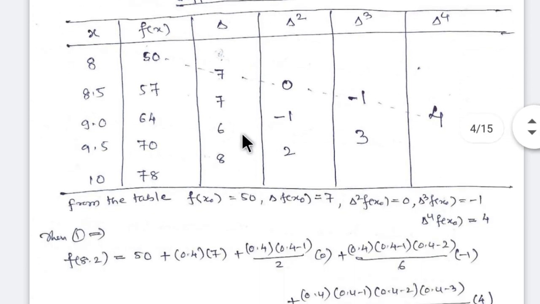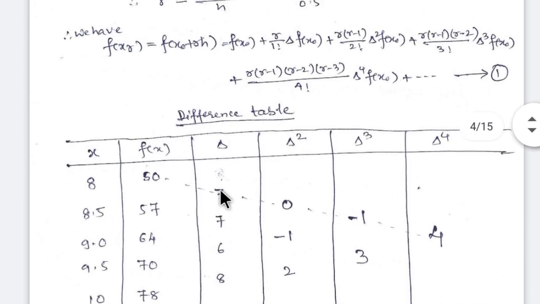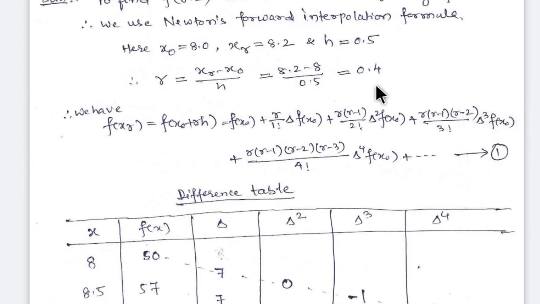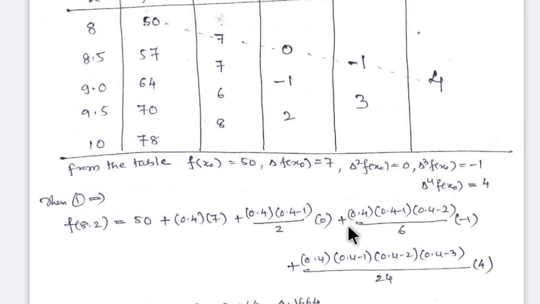The r value is 0.4, into delta of f of x naught equal to 7, from the table, plus r into r minus 1, that is 0.4 minus 1, divided by 2, then delta square f of x naught is 0, plus r into r minus 1, r minus 2.